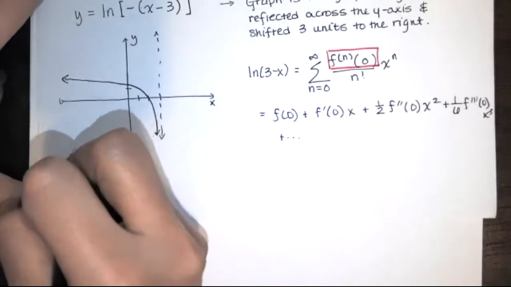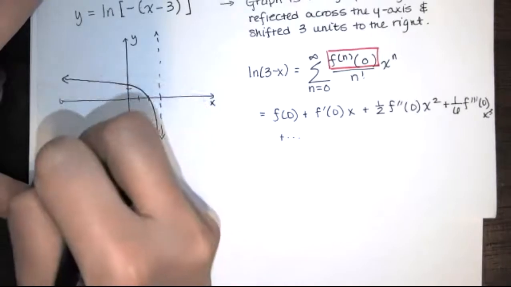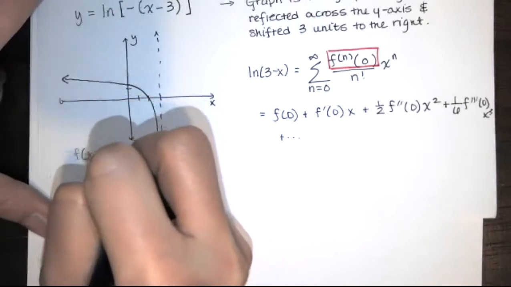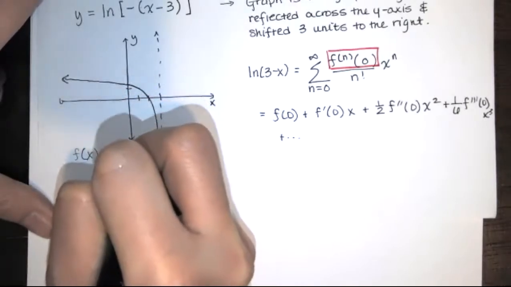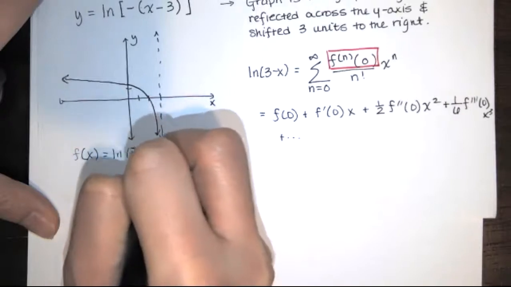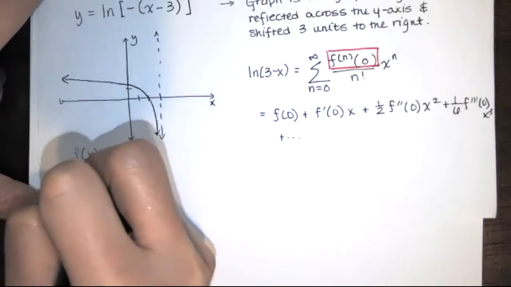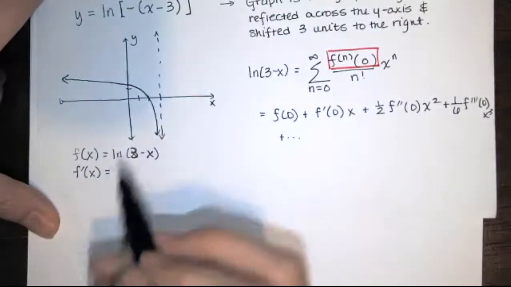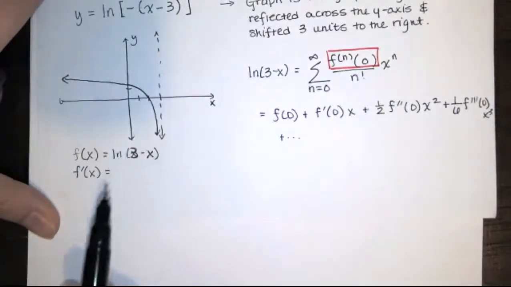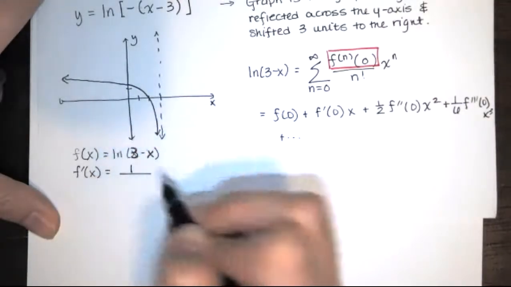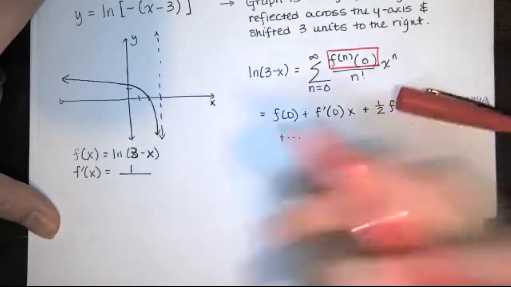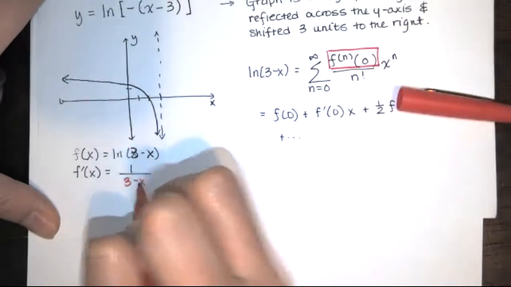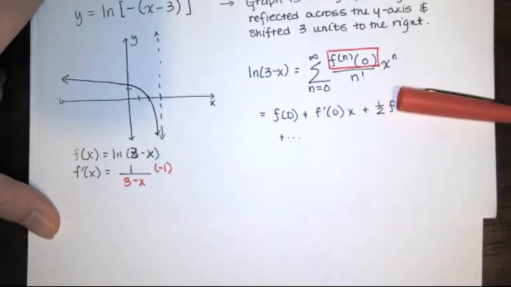We've got f of x equals natural log of 3 minus x. And f prime of x is equal to, well, the derivative of natural log is 1 over the inside function times the derivative of the inside by the chain rule.